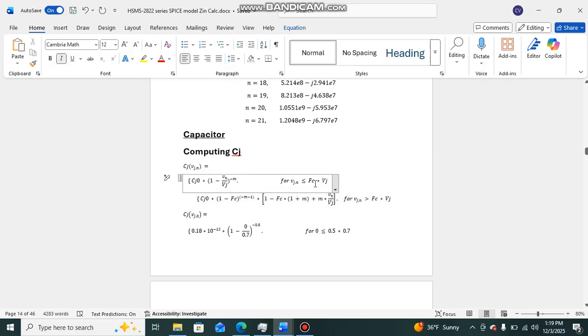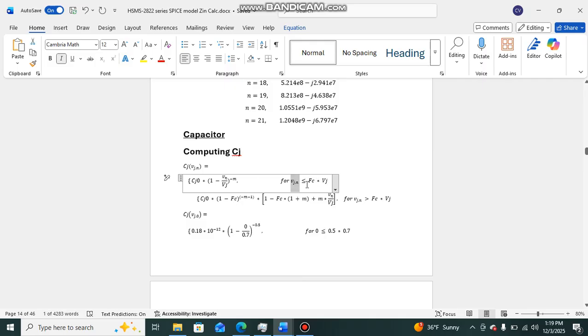So FC we found in the data sheet is 0.5. The junction voltage in the data sheet was 0.7, and if we multiply those two together, we get 0.35.